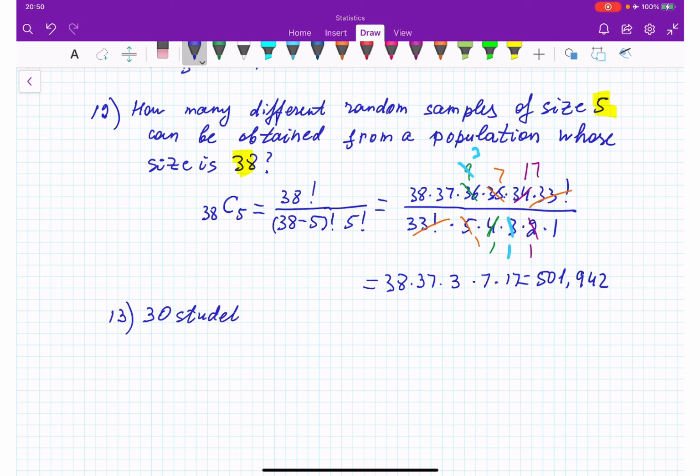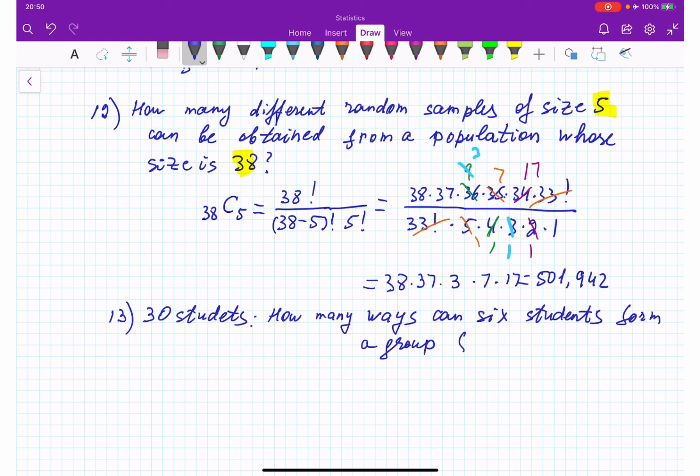In how many ways can 6 students from the group form a group for an activity?